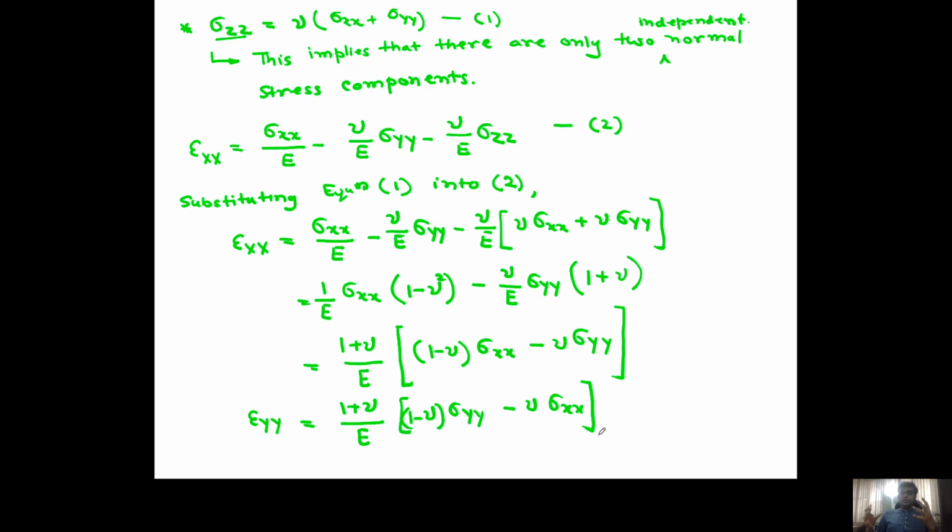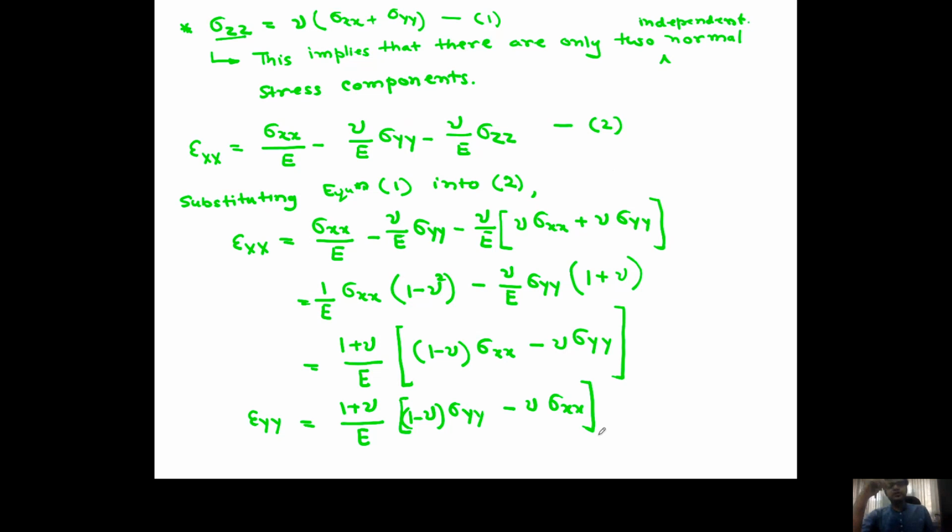So we have epsilon xx in terms of sigma xx and sigma yy, and we also have epsilon yy in terms of sigma xx and sigma yy.